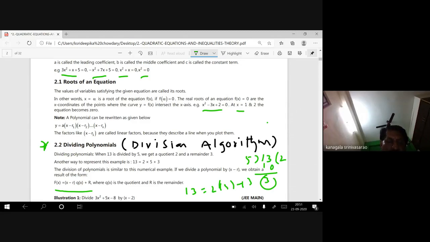So f of x equals x minus r into q of x plus r. We have to impose a condition on the remainder: its degree must be 0 or less than that of the divisor. This is the prime thing, the division algorithm.